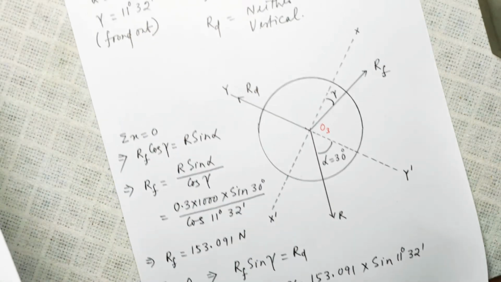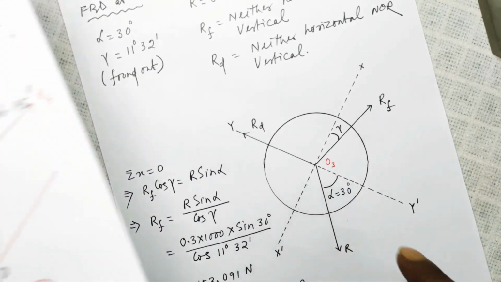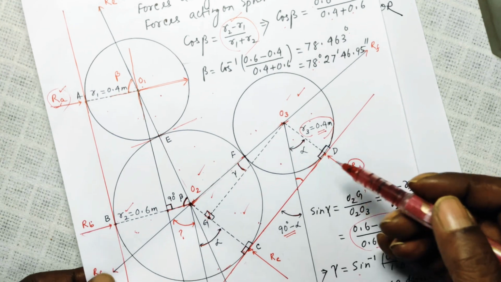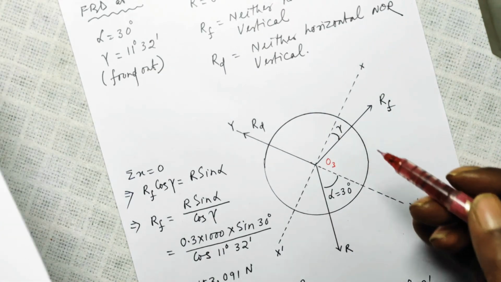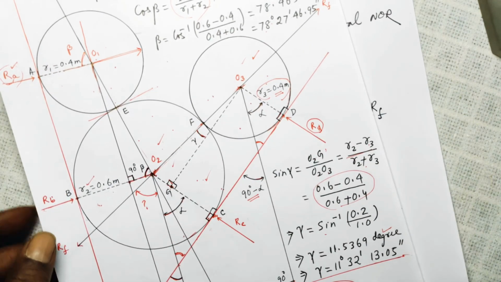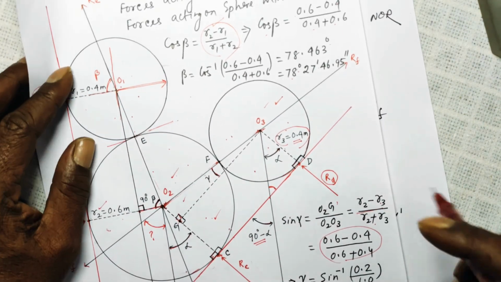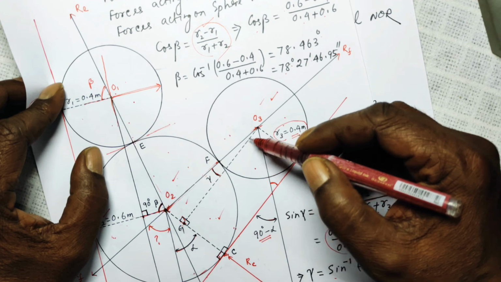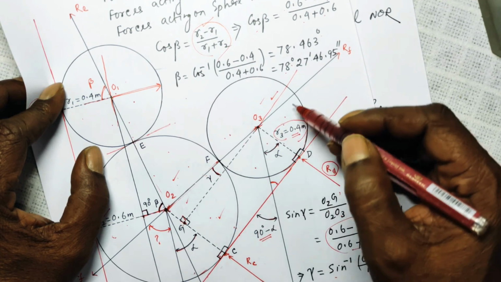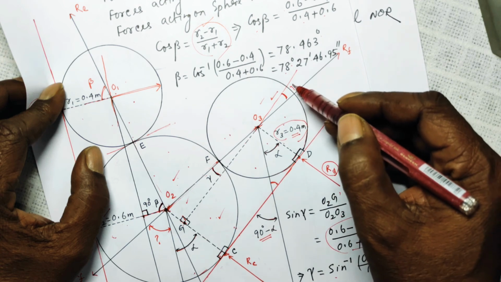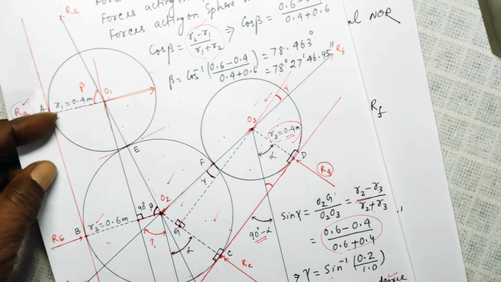Now, if you look at the free body diagram and this diagram, the gamma is here, but I have shown gamma here. How is that possible? Means I have extended this dotted line like this. So vertically opposite to this is your gamma, right?